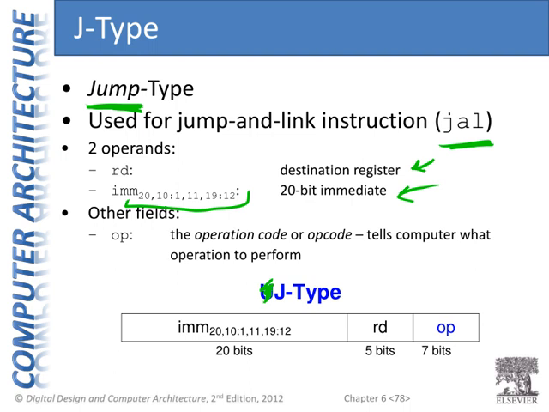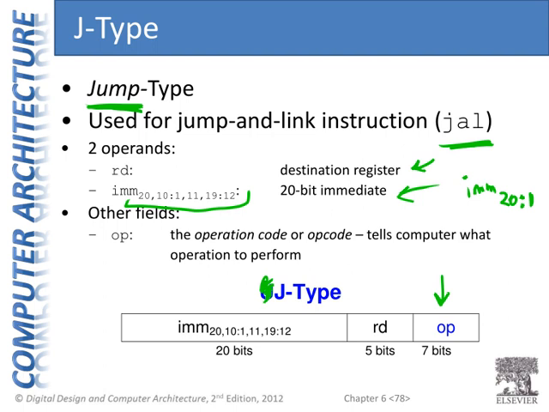Instead of going straight from bits 19 to 0, it encodes an immediate from bit 20 to bit 1. So again, we're not encoding bit 0. And as always, it has an opcode. All instructions have an opcode.